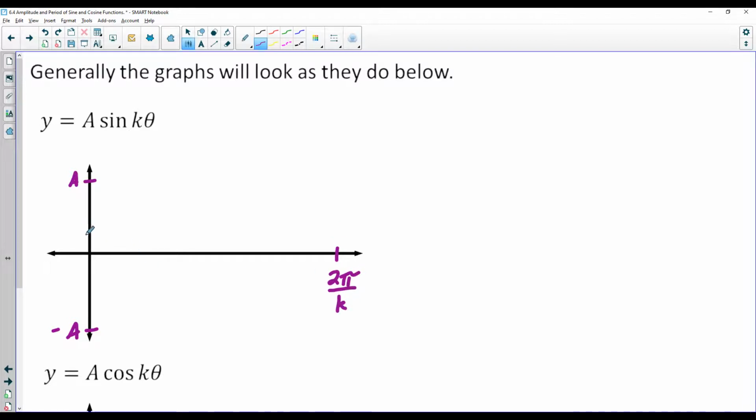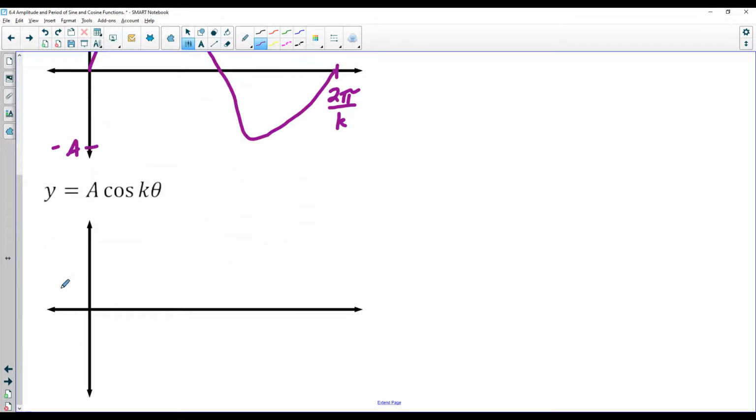Our period is when it repeats itself, and sine kind of just looks like this. I'm doing my best to graph it. Not too great, but you guys get the idea, right? That's our shape of the sine graph, and all I'm saying here is the max is going to be a, the minimum is going to be -a, and then the period before it starts to repeat itself again, right? If I were to continue this, it would really repeat itself, is going to be 2 pi divided by this k.